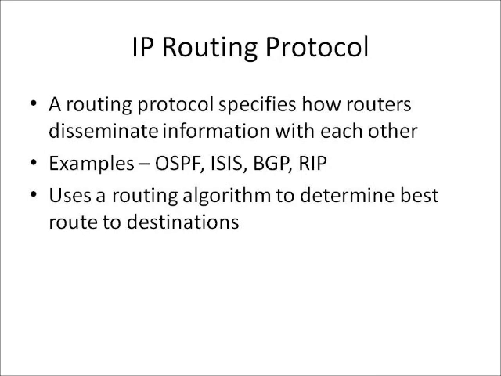Routers can make decisions, like I mentioned, based upon routes being manually configured on a router, but they can also do it dynamically based upon what we call a routing protocol. A routing protocol is a way that routers can exchange reachability to different IP networks with other routers. Some examples would be OSPF, ISIS, BGP, RIP. These are all just routing protocols that exchange routing information between routers.